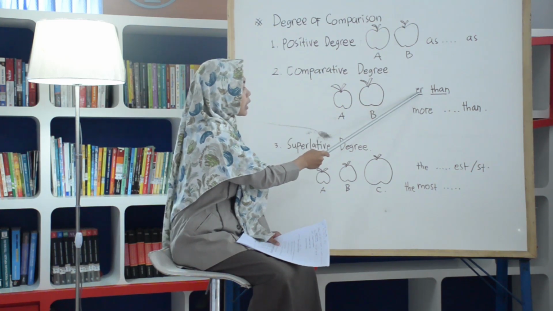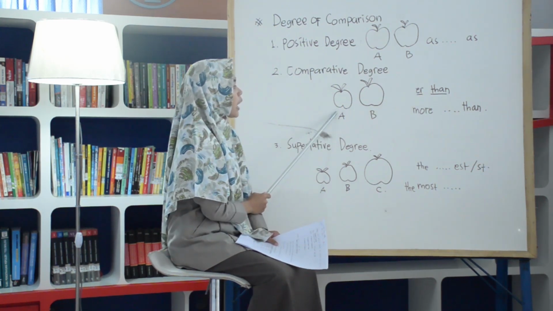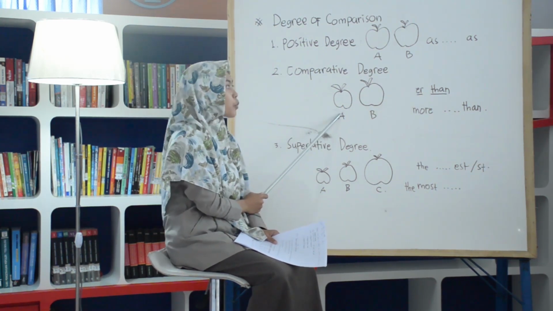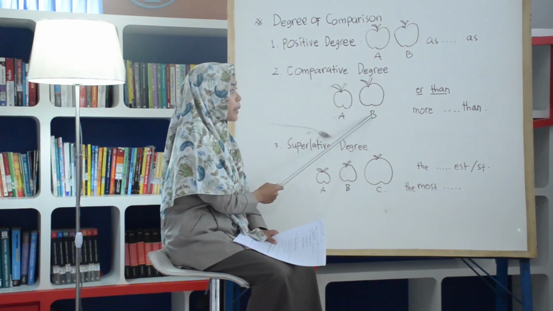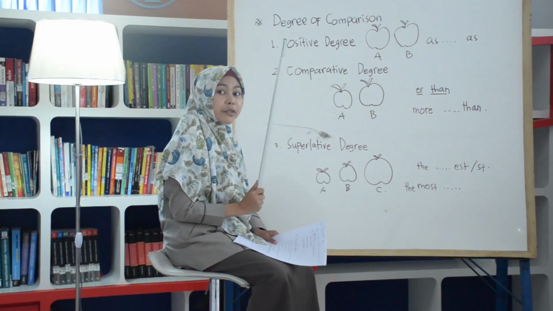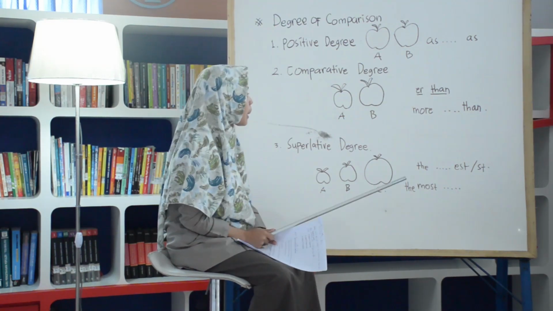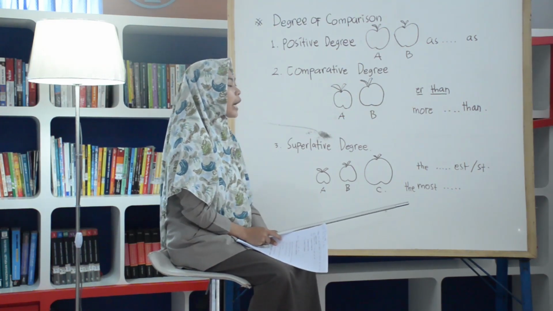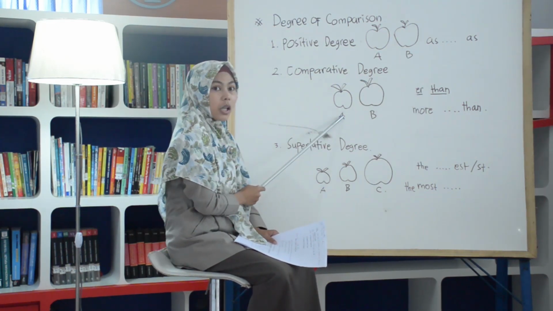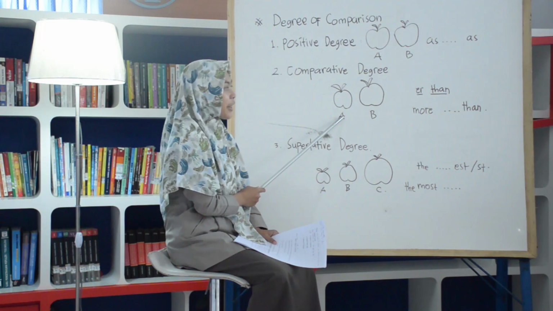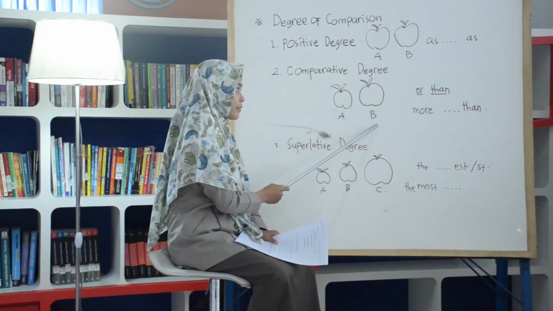For example, apple A is smaller than apple B. If the adjective is one syllable, you have to add er, like here. The apple A is smaller than apple B.